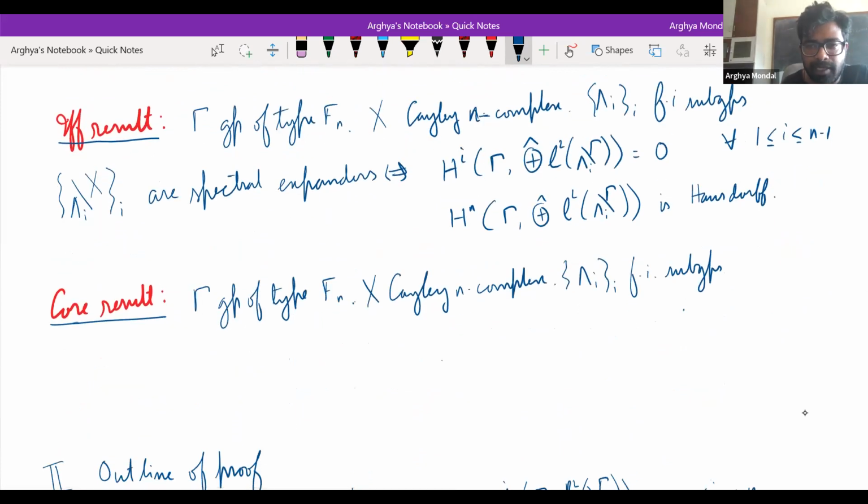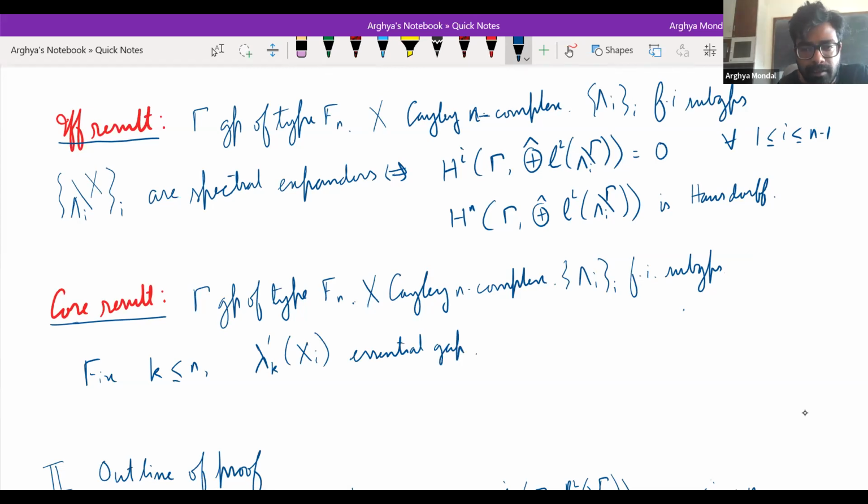Again, same setting, and you fix some k, which is, let's say, equal to n, and you look at lambda prime k of X_i. This, I remind you, is the essential gap for the upper Laplacian.